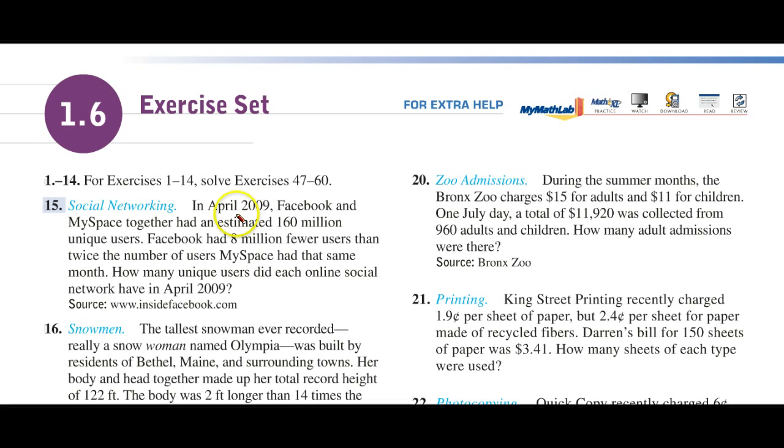Now, one of the key things after you read it is to determine a letter that we will use for the variable. And since we're dealing with Facebook users, we could use an F, and MySpace users, we can use an M. And we know our first equation will be F plus M equals 160 million.